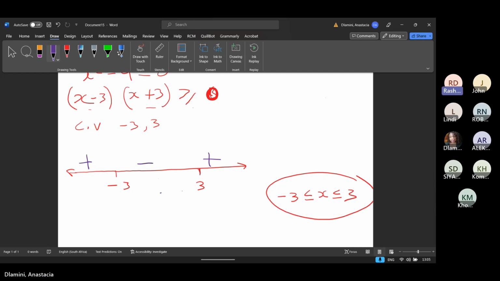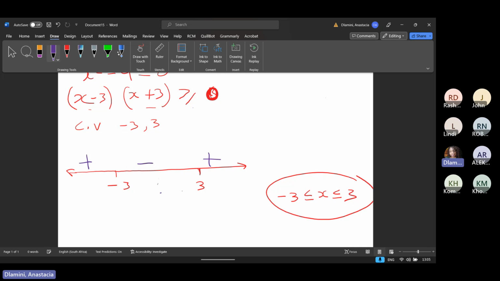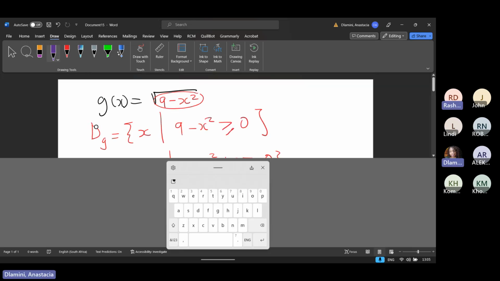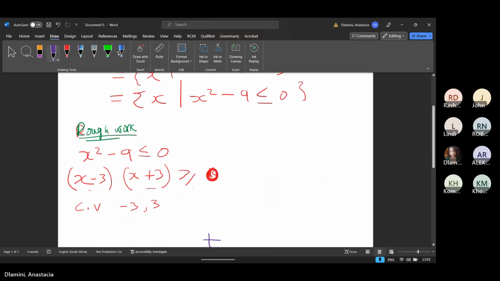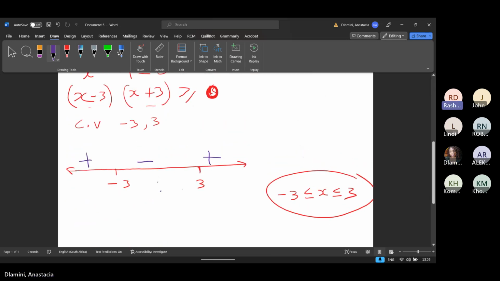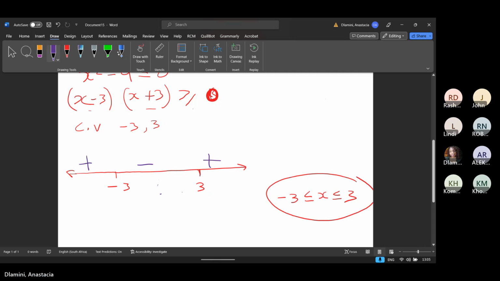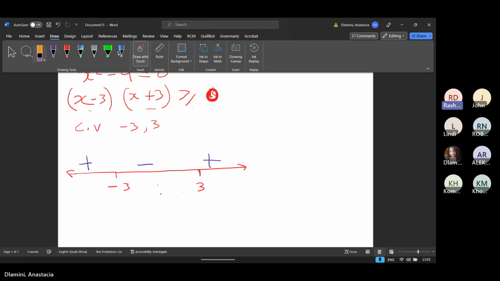It's not between -3 and 3. Because remember we said less or equals to, we took our x, we put it here between. We said less or equals to, it means we go where the negative is. Between 0 and -3. Oh. 3 and infinity.